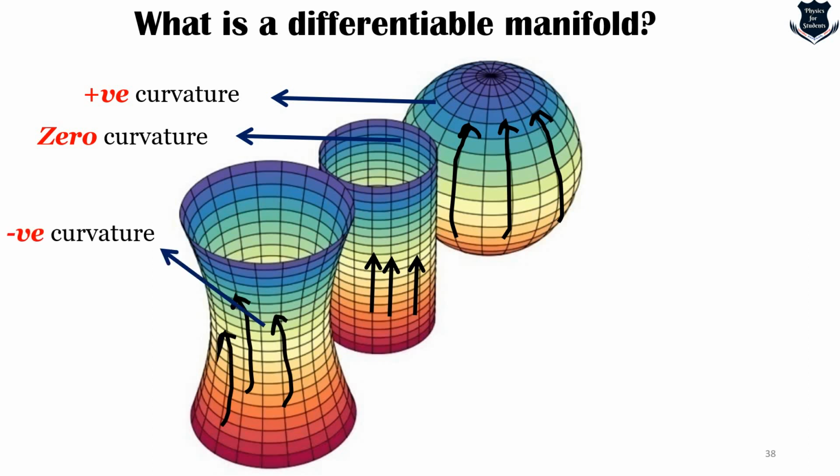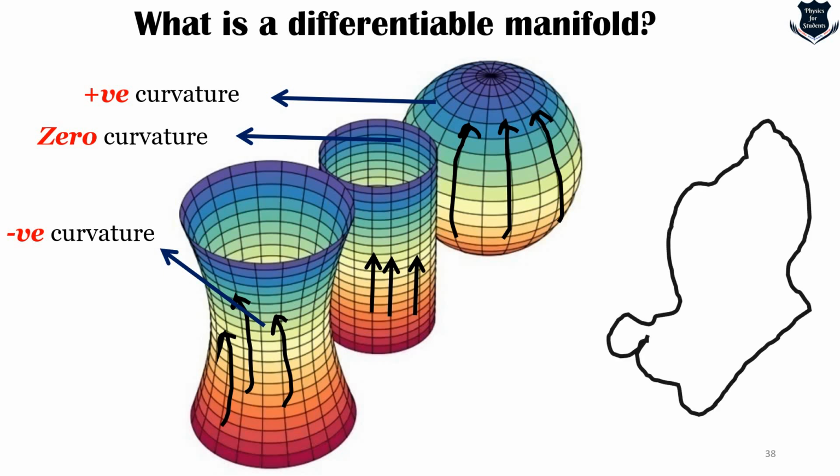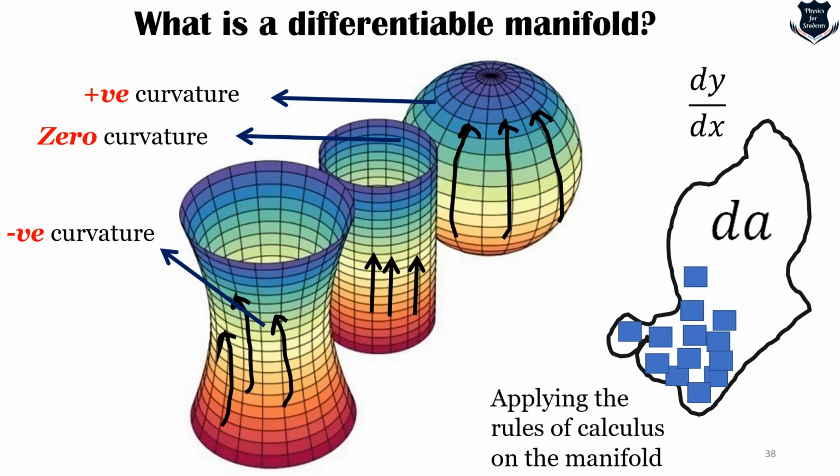Now, taking this kind of manifold, if you plot it on this curved surface, we differentiate it into small pieces using calculus, and hence the area is called dA. What we have done is applied the rules of calculus of manifolds from this curved surface onto those manifolds.